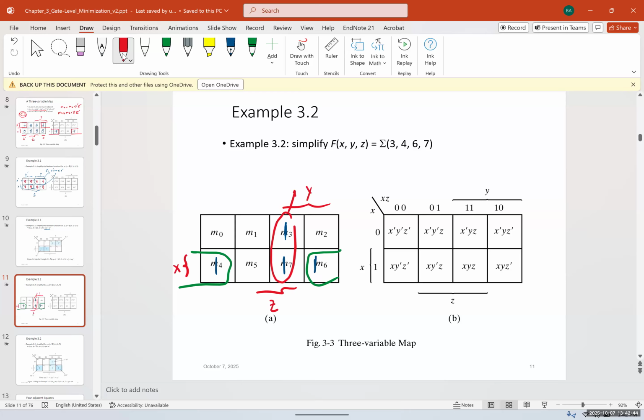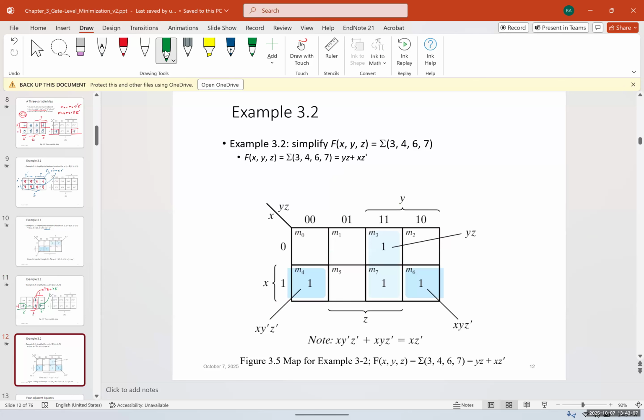It's common between y and z. So for the red one, it's going to be yz. And for the green one, it's going to be equal to x z prime, because x is common between them, and also z prime is common. So the answer would be yz plus x z prime.